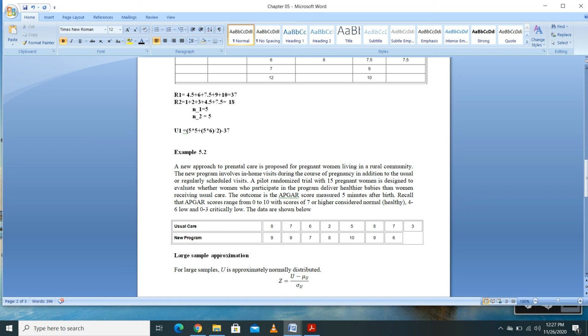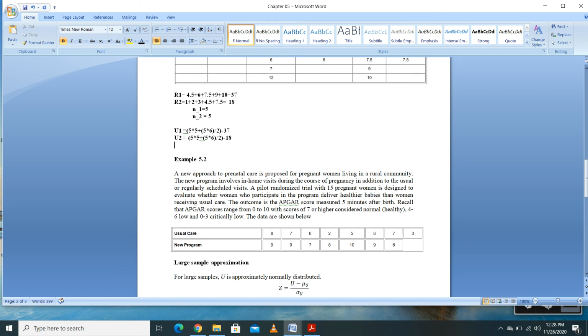Likewise we can calculate U2 as well. U2 is N1 into N2, that is 5 into 5, plus N2, that is 5 into N2 plus 1, that is 6, divide by 2, and from the whole thing you have to subtract R2. Here it's equal to 18.